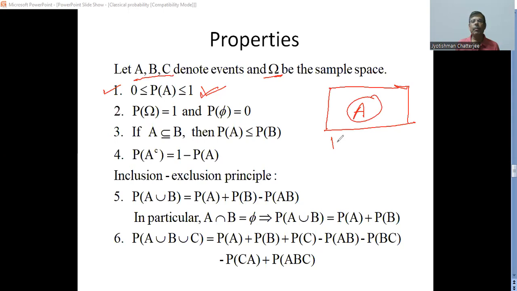Because probability of omega is nothing but this ratio, that is equal to 1. And how much is probability of the impossible event or null set? That is nothing but ratio of size of null set divided by size of omega, that is equal to 0. That's why we get this property.